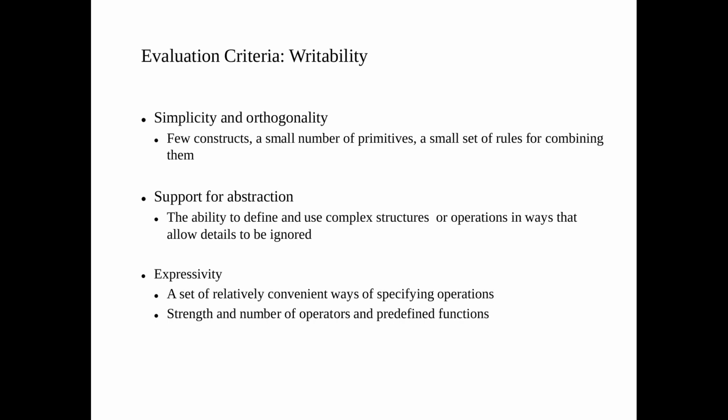We need to have, I would say, convenient but also efficient ways of specifying operations that we need. As well as we need to have a significant number of predefined functions, right? For example in C, there's a significant number of things, for example data structures, that should be already defined in the language but are not.